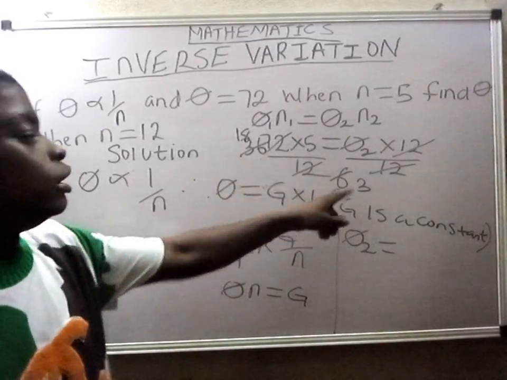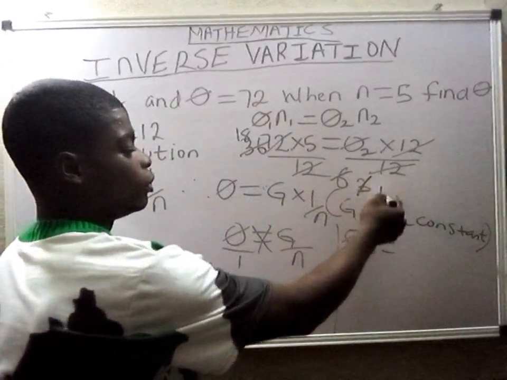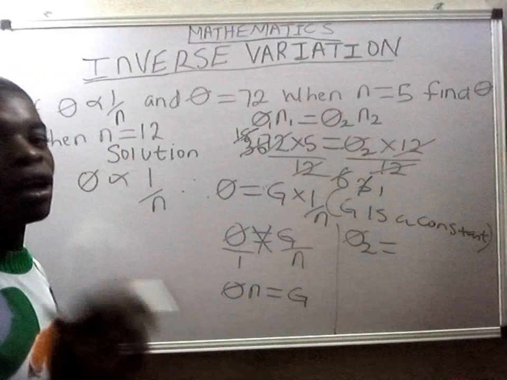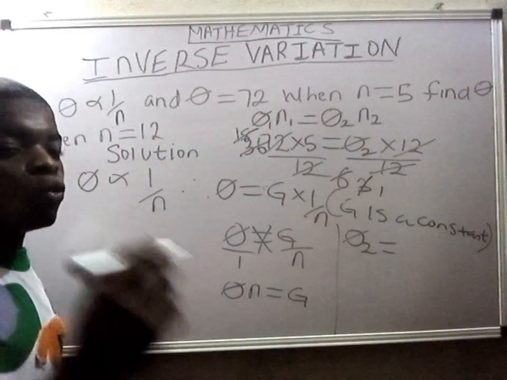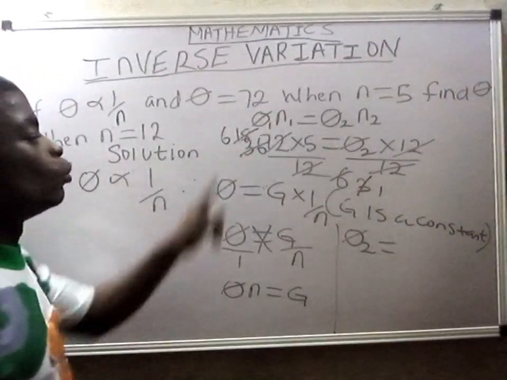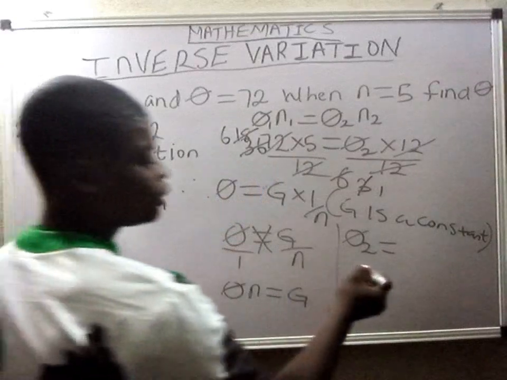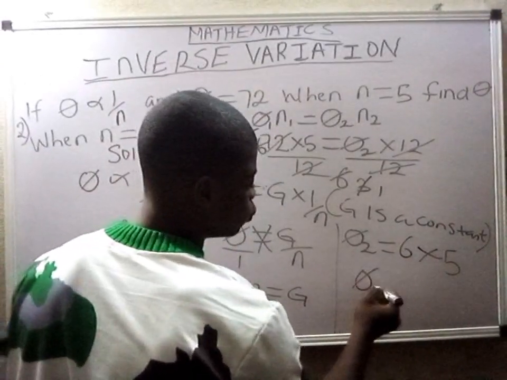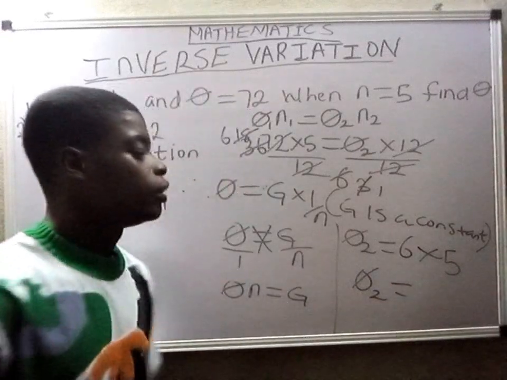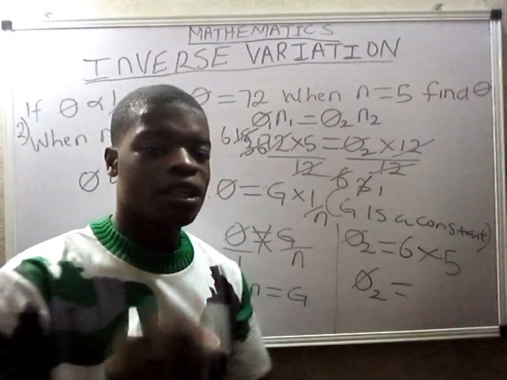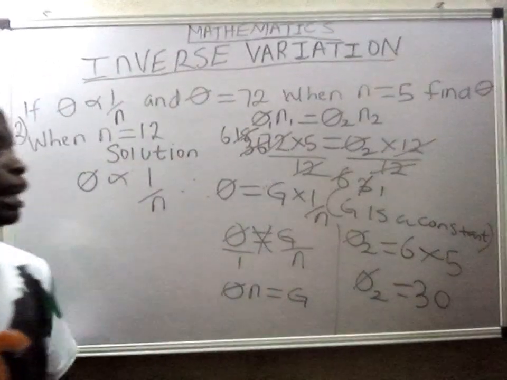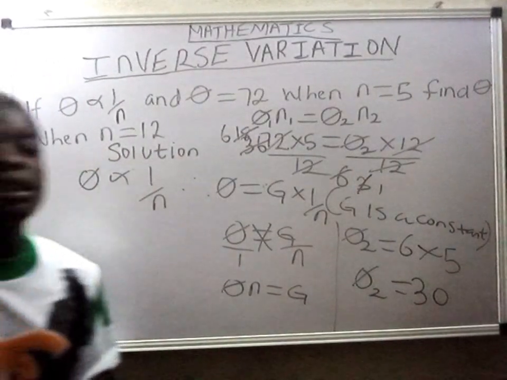So 3 into 3 is 1, 3 into 18, our value will be 6. So we now have 6 times 5. So theta 2 equals 6 times 5, which is 30. So the answer to this question is 30.